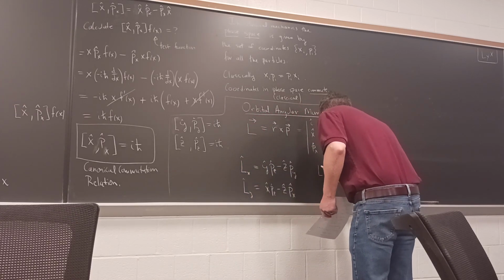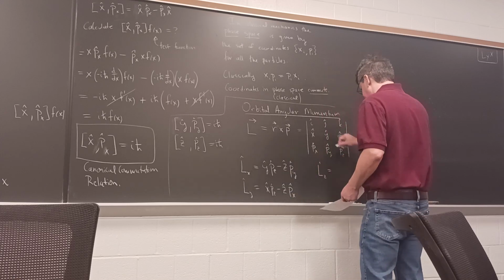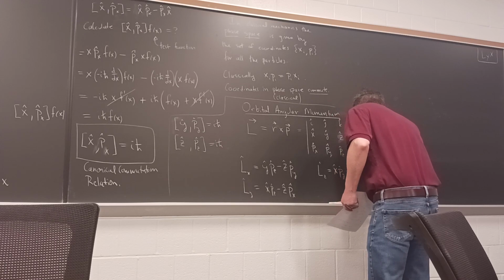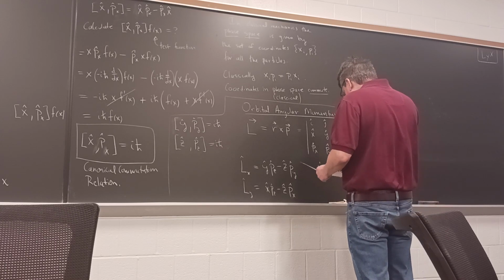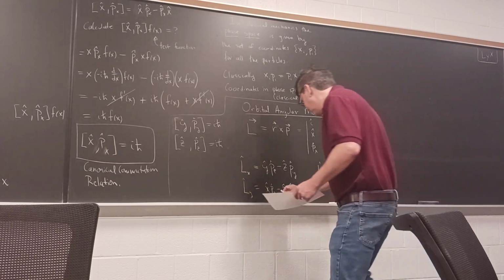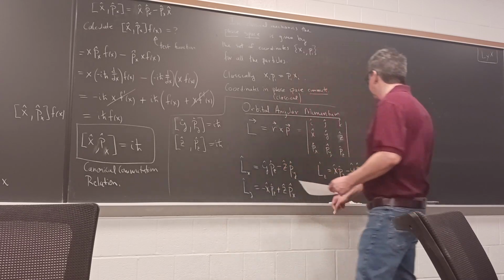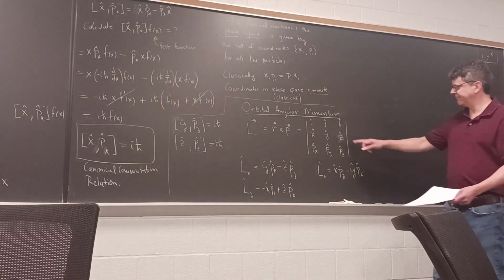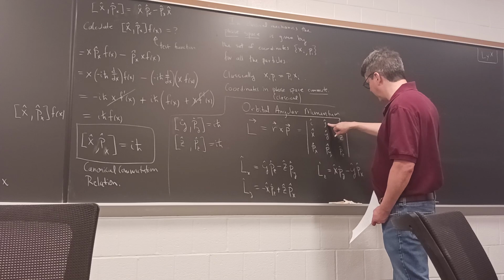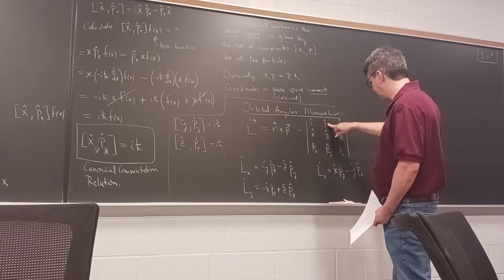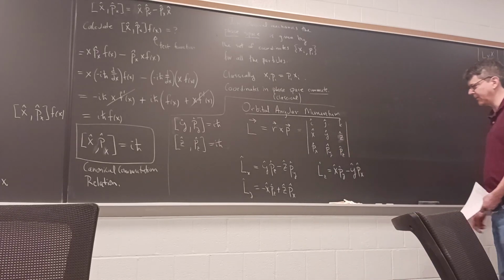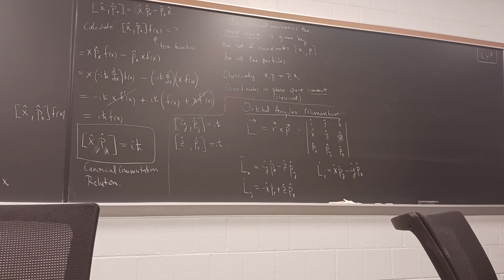And then L_z will be x p_y minus y p_x. Oh wait, this has to be a minus there and a plus here. Right, following the rule from the determinant, when I do this component, I have to put a negative sign. So that would be, yeah, minus x p_z plus z p_x.